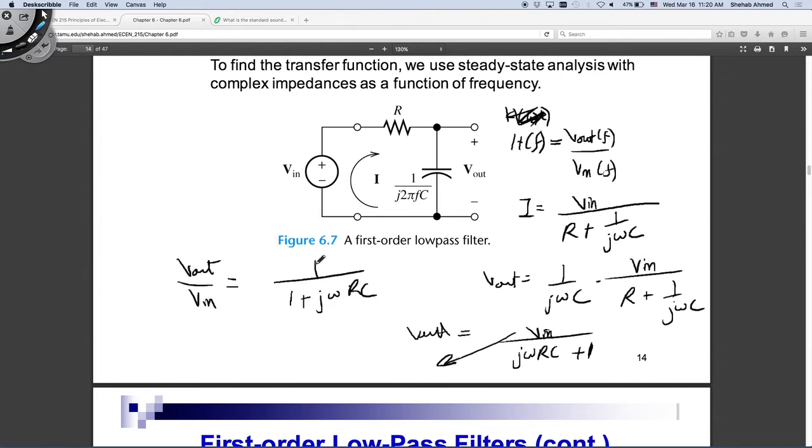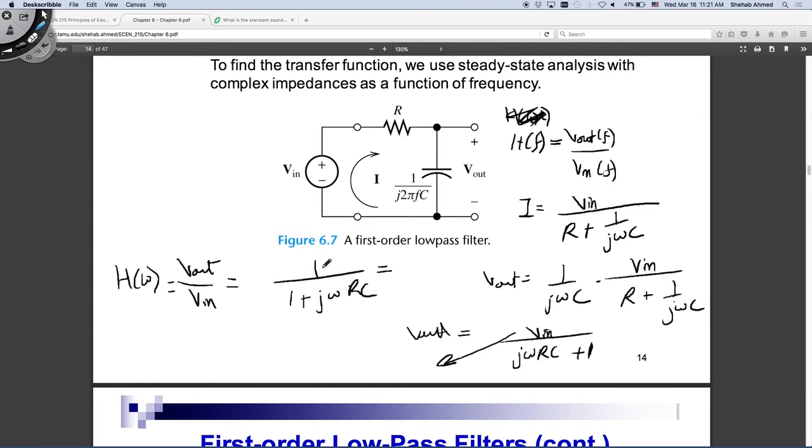This is a complex number. This is my H now. This is my H of omega or H of f, right? So this is a complex number that has a magnitude and an angle. The magnitude is equal to what? These are two complex numbers divided by each other, right?